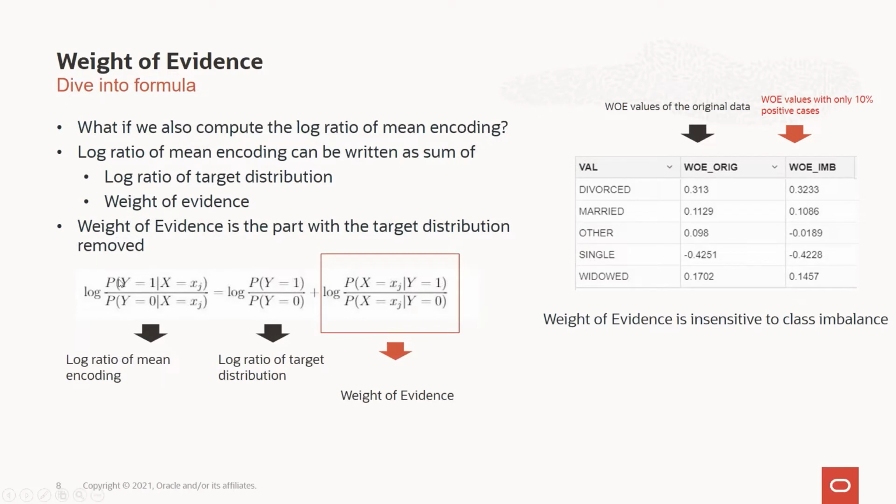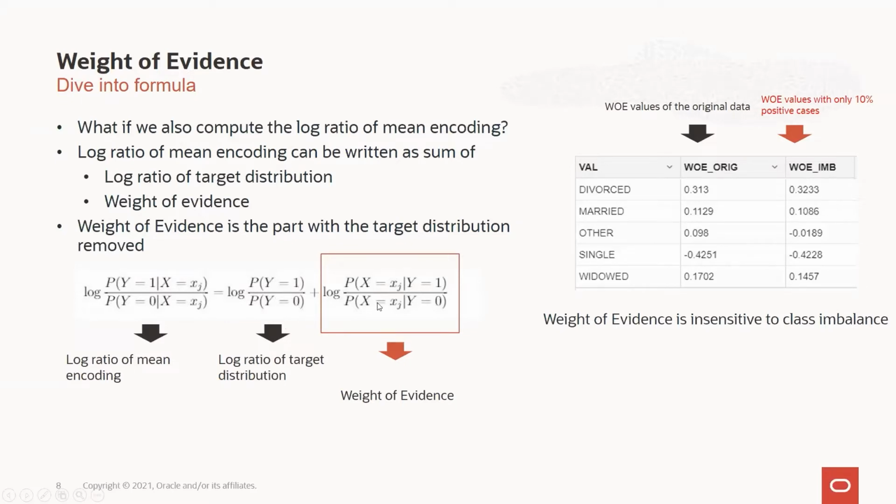Each of the numerator and denominator is actually the mean encoding, and we do the ratio and take the log. However, if we look further, this term can actually be split into two. On the left is all about the target distribution, and this term does not change with any feature level.